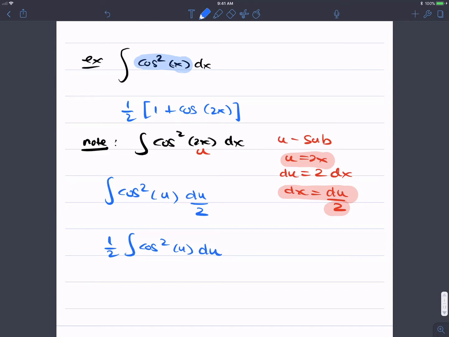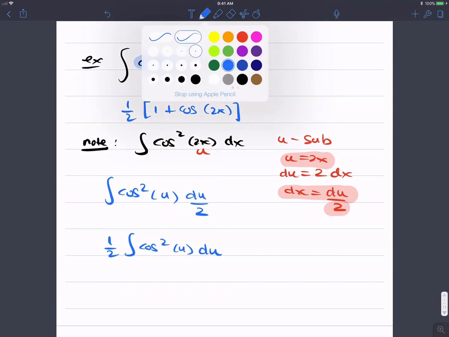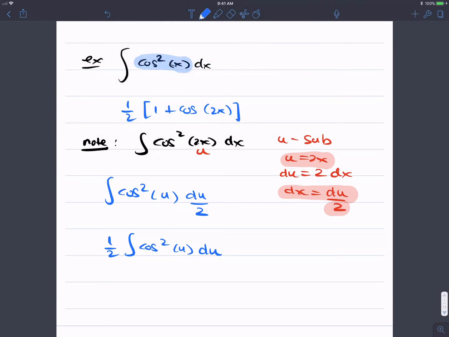So if you have, I don't know, 2x there for u, using u sub, now you would go through the process that we did here, and you're going to replace this integral. Let me maybe highlight that instead.